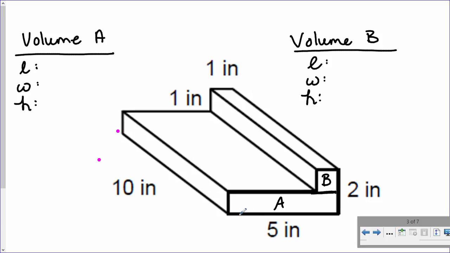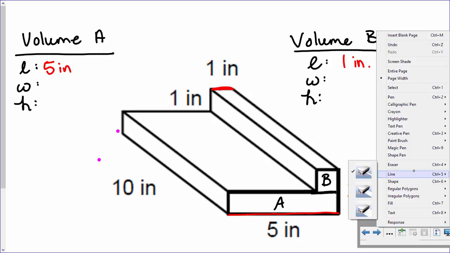So again, our length is going to be left to right. So since we're looking at it this way, we know that A is going to have a length of 5 inches. B, it gives us the length back here. So for B, our length is 1 inch.